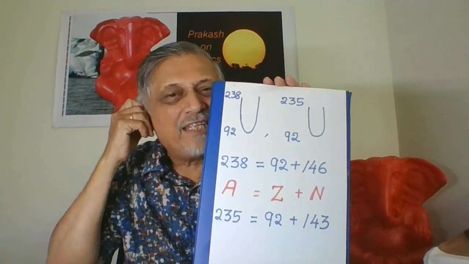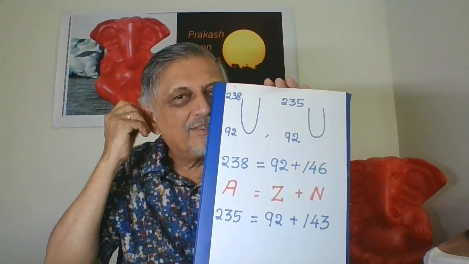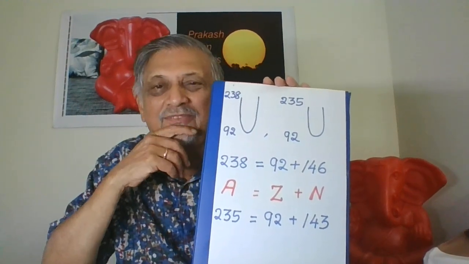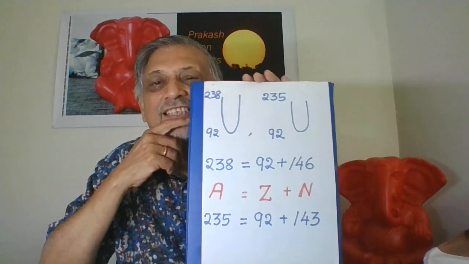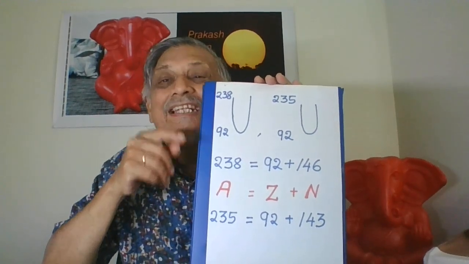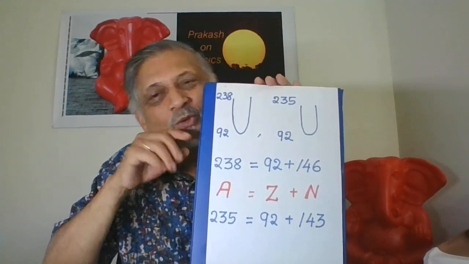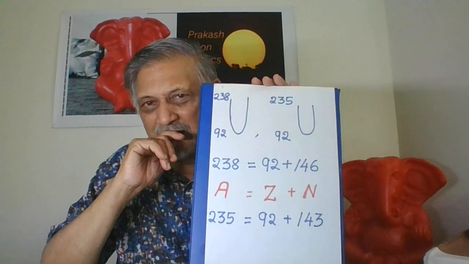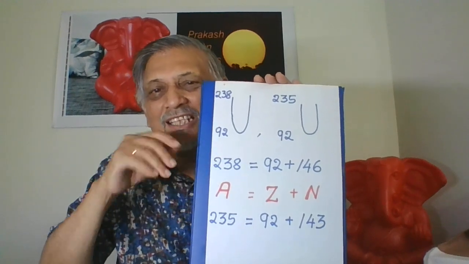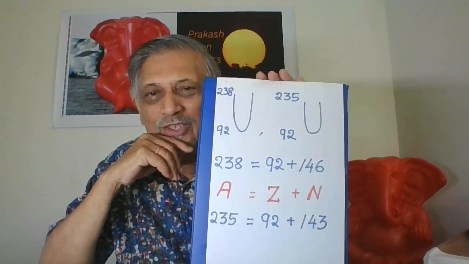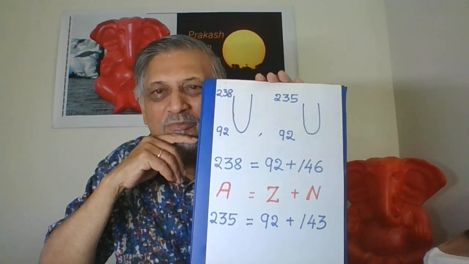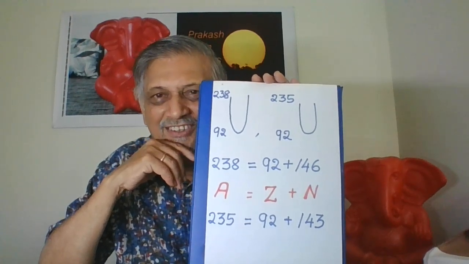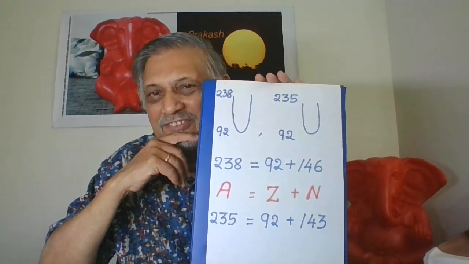Since Z is the same, the name of the element is the same. So because in both these cases you have uranium 92 as the number of protons, so it is still uranium. But in one case there are 143 neutrons, so the total becomes 235. So that is uranium 235.